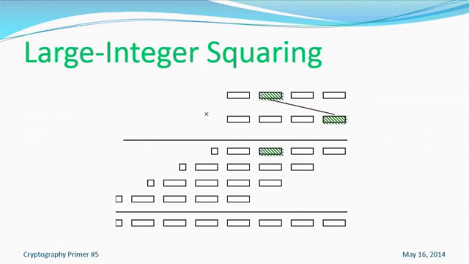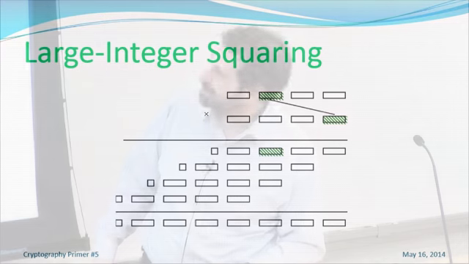OK, look at this multiplication here, the rightmost block here by this block here. And look at this multiplication here, this by this. If these two values are the same, if we're squaring something, then this and this are the same, this and this are the same, and these two multiplications are actually exactly the same multiplication, even though they're going to go into different places down here.